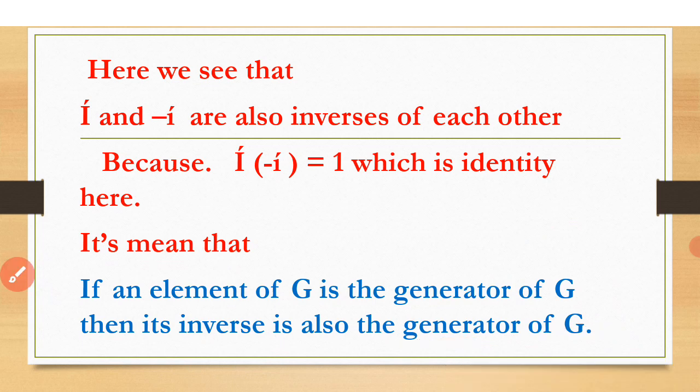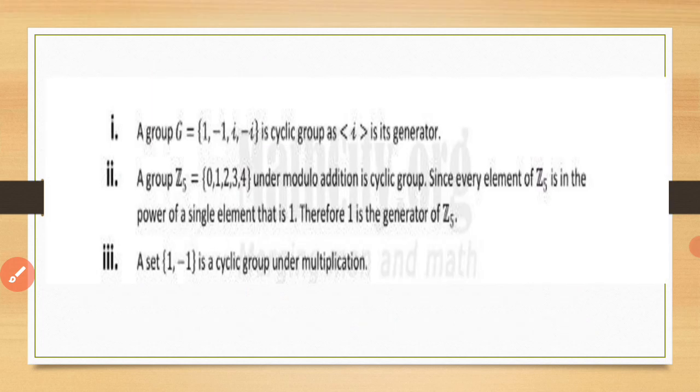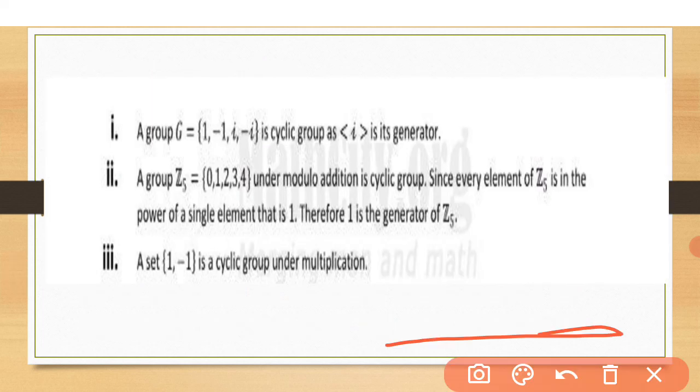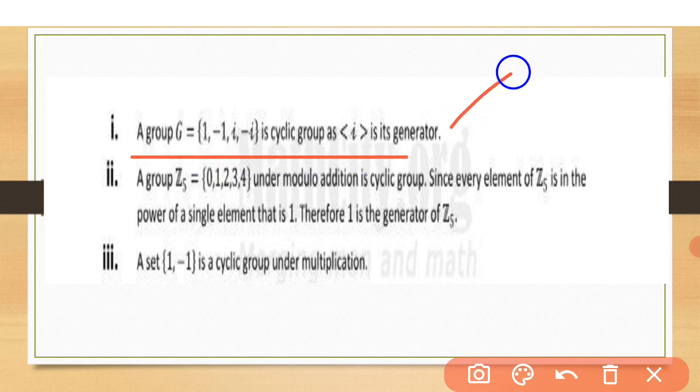Let's see some more examples of cyclic groups. These examples we have discussed. Z5, that is modulo 5 with respect to addition. Modulo addition is a cyclic group where every element is generated by a single element.